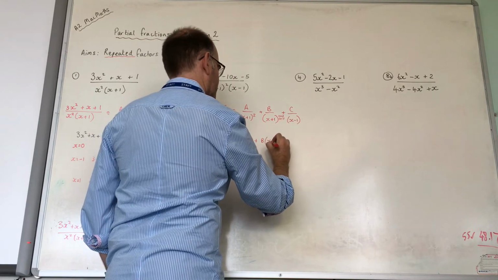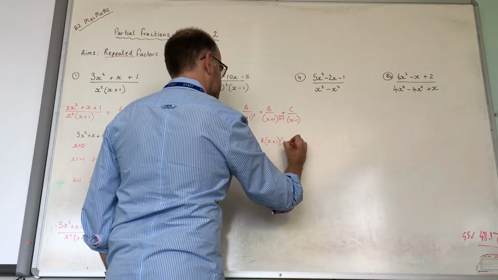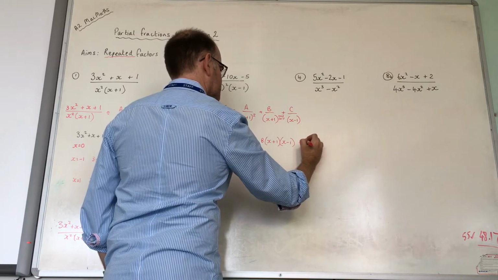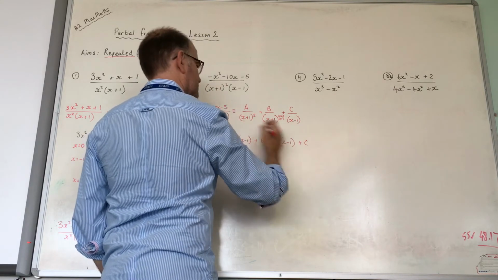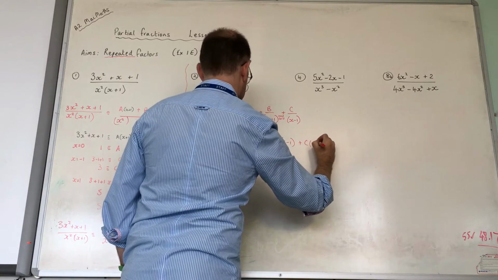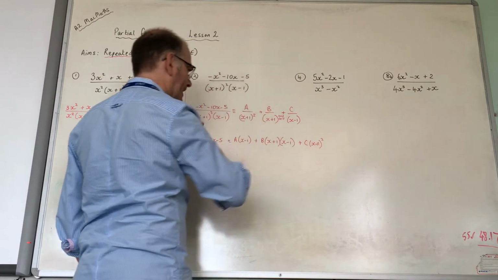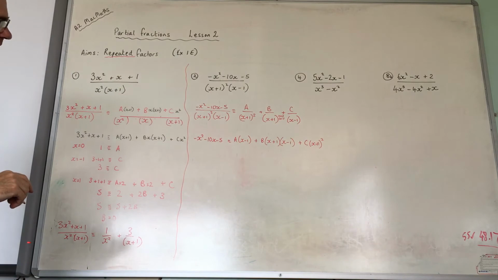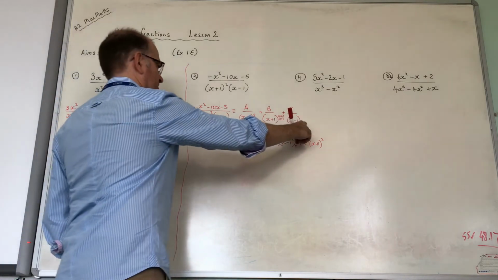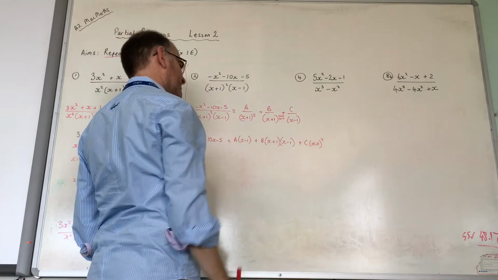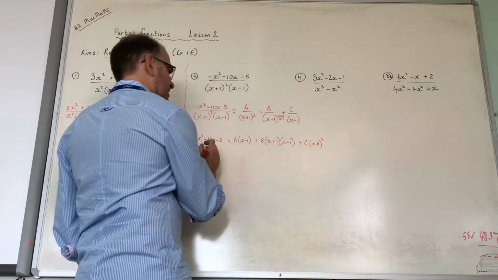So a bit of a mouthful now. And c has got to be times by x plus 1 squared. Okay? Going timesing that by x plus 1 squared, c times top by x plus 1 squared. So that is equal now.